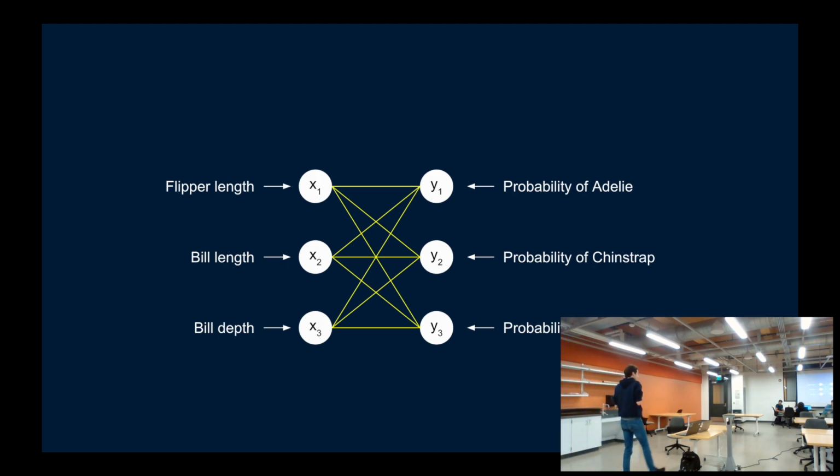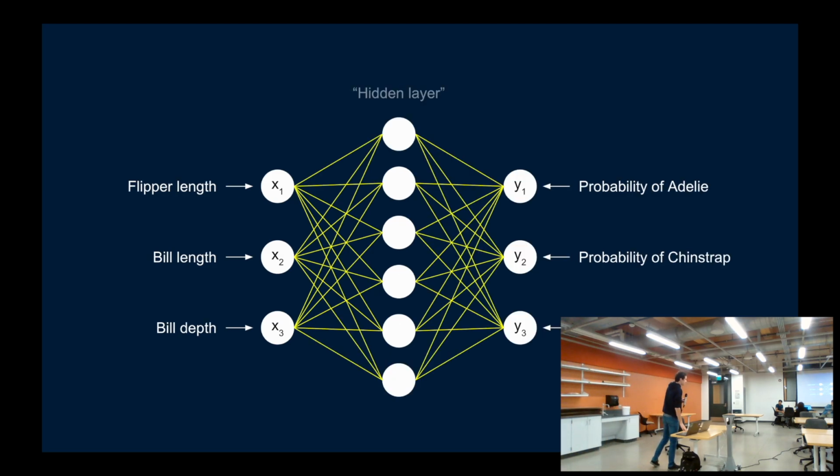And what we can do, the extremely clever and yet simple trick, is to make a diagram that looks like this. You add what's called a hidden layer. It looks a lot more complicated, but it's basically the same thing. I take my 3 inputs, and I have 6 different linear models. And each linear model gives me some value in this hidden layer.